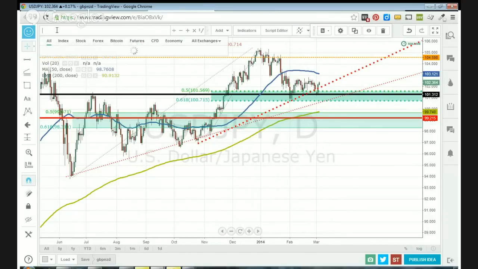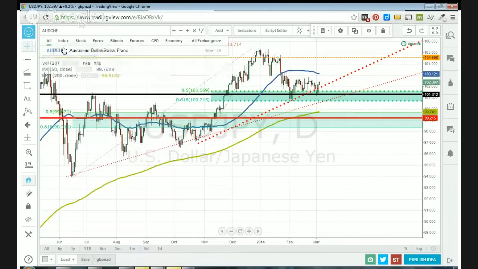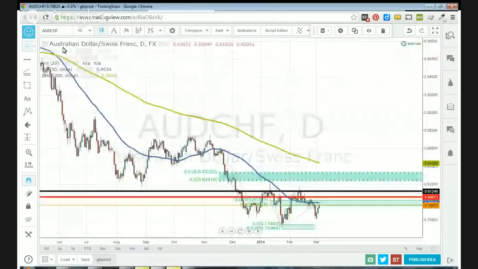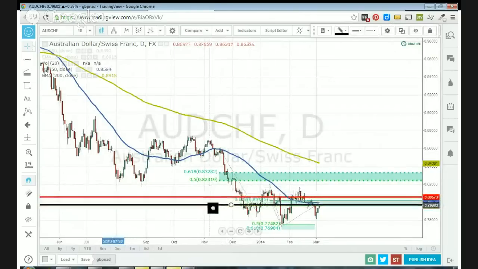So that means heading over to the Australian dollar. I have a number of positions on the Australian dollar, and Aussie-Swiss is one of them. Here's the Aussie-Swiss trade. It's actually slightly in the money at the moment. Basically, I shorted right here.